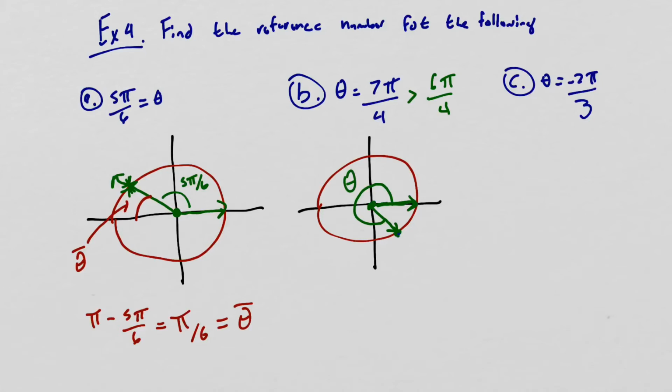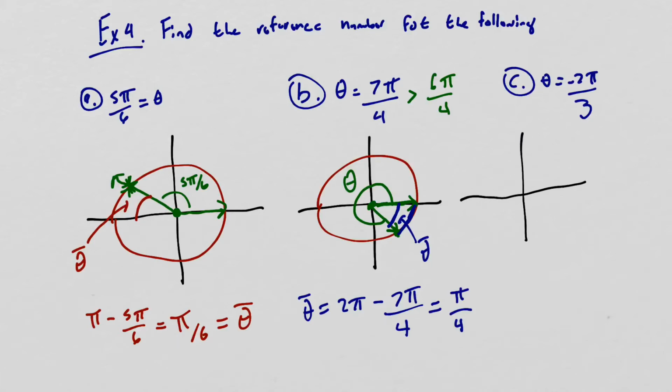Then the reference number is going to be the angle determined by this theta bar here. To find theta bar, this will be equal to 2 pi minus our 7 pi divided by 4, which is just equal to pi divided by 4. In the last example, we have an angle in the negative direction.